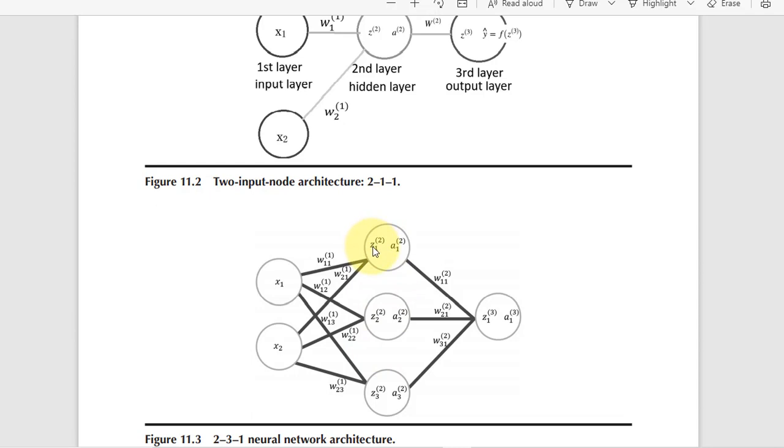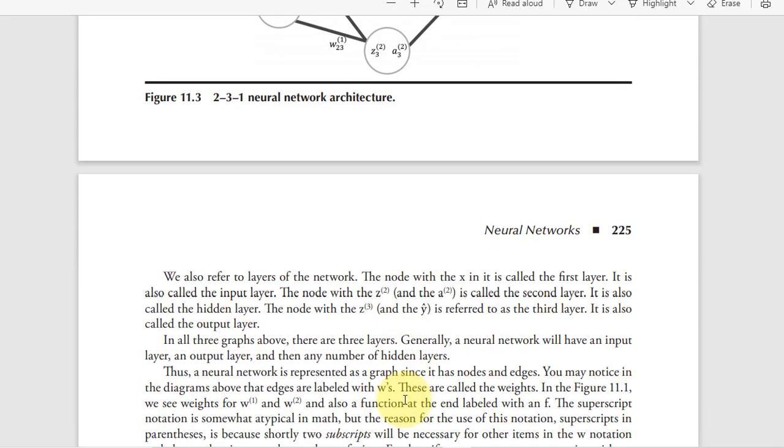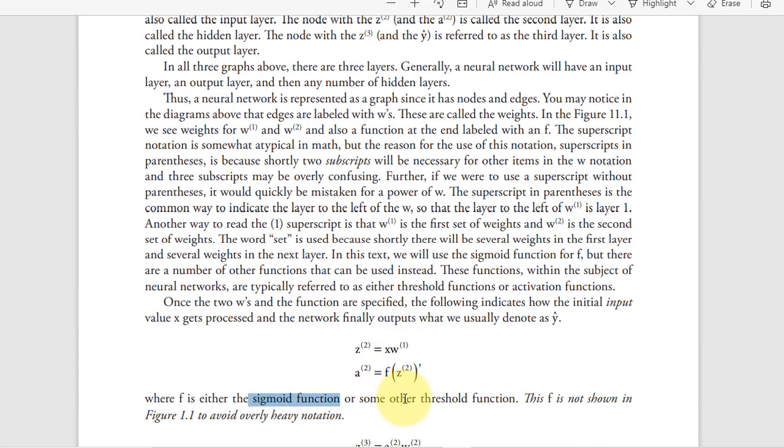So if we put this into the sigmoid function, we'll get an output, and we're going to label it this. And we'll do the same for the others. So z is going to go into the sigmoid function. So this f could be the sigmoid function.